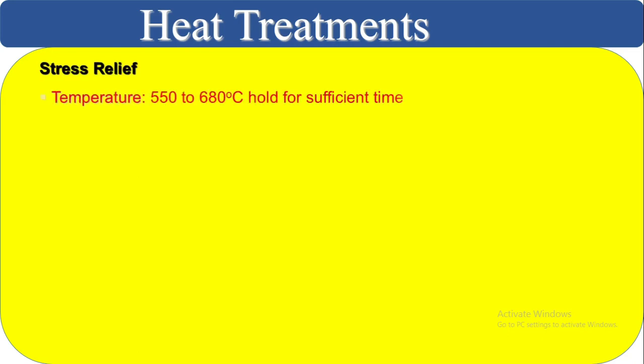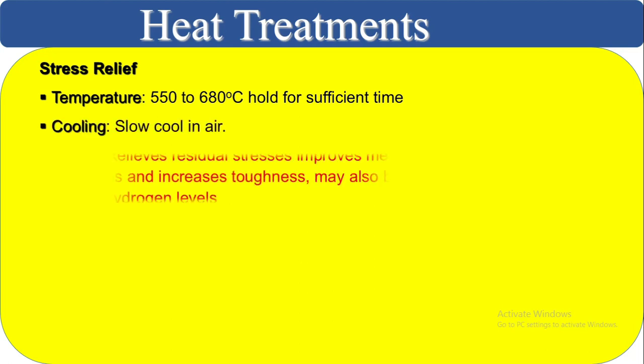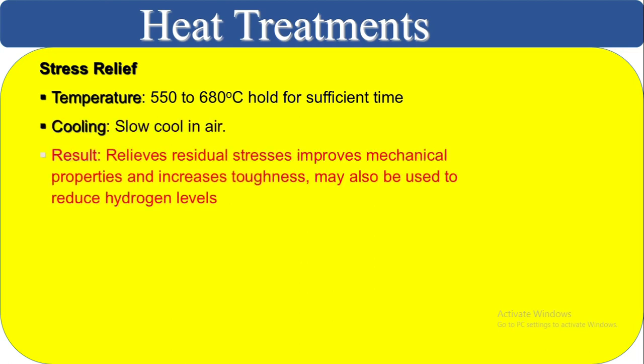Now stress relief. For stress relief, the temperature will be 550 to 680 degrees centigrade, held for sufficient time. You have to hold that temperature between 550 and 680 degrees centigrade. Cooling is also slow cool, in air only, and the result is relieved residual stresses and improved mechanical properties, the same as normalizing and tempering.